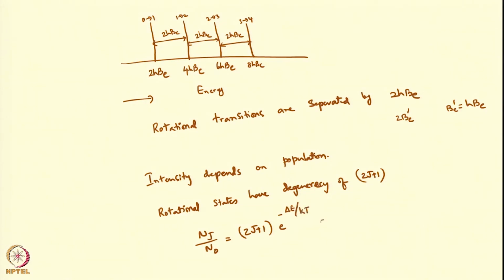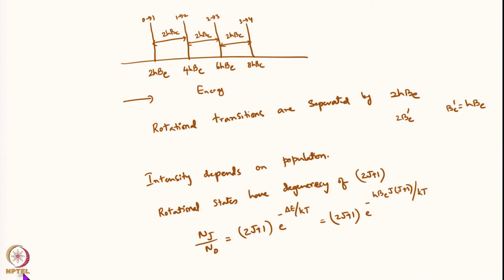So this is nothing but 2J plus 1 times e to the power of minus hBJ(J plus 1) divided by kT, where T is your absolute temperature and k is the Boltzmann constant.